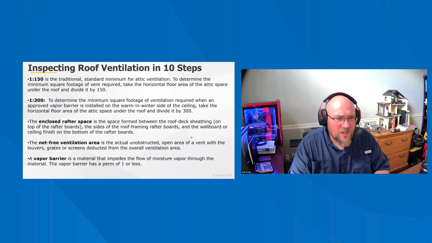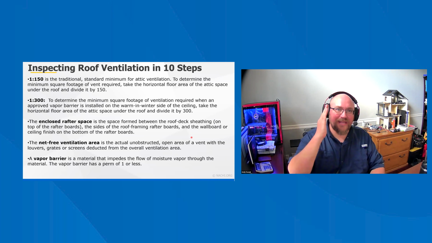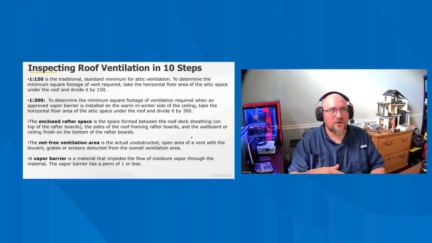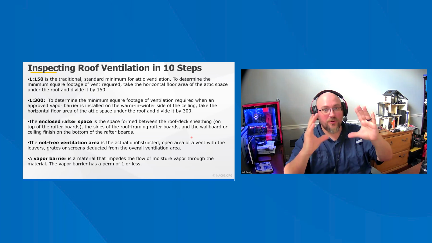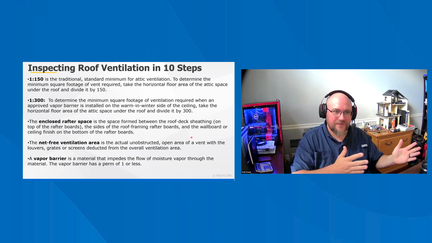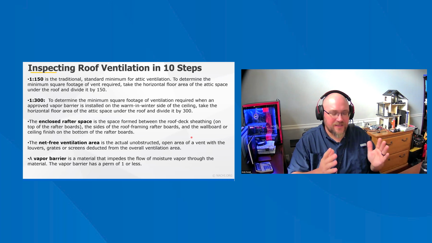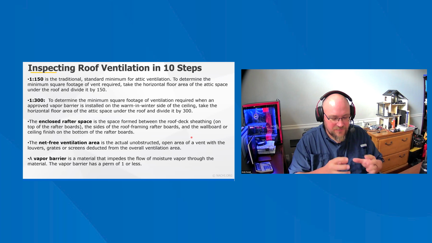Oftentimes you'll see where it's only half of the vent, or the vent is offset. Maybe the hole is the right size, but they offset the vent. All of those things matter, because the attic was designed specifically for those many vents with that amount of net-free ventilation area.